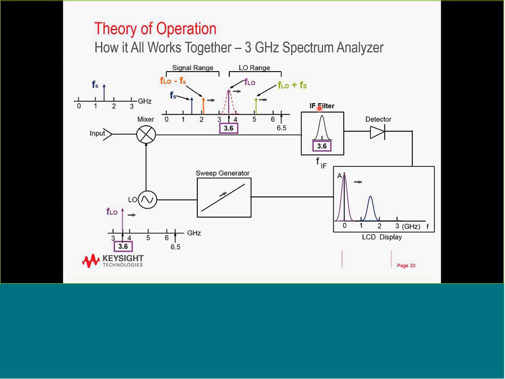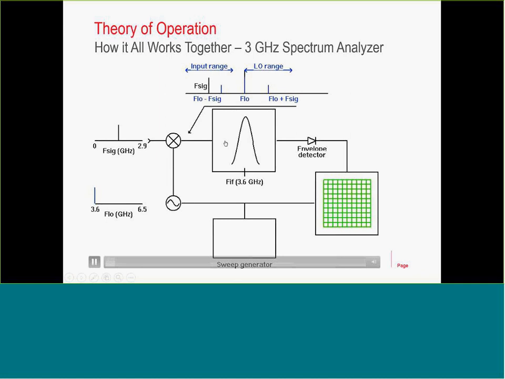The filter here, which is our resolution bandwidth filter or IF filter, sits at 3.6 gigahertz. As the LO goes from 3.6 to 6.5, the difference of the LO minus the 1.5 gigahertz signal will move into the filter and go through it. The detector will detect it, and we see it showing up on the analyzer display.